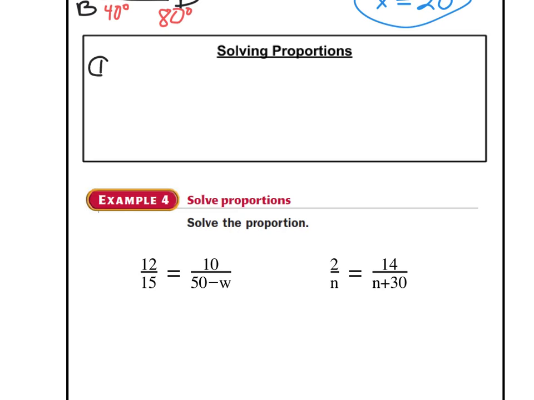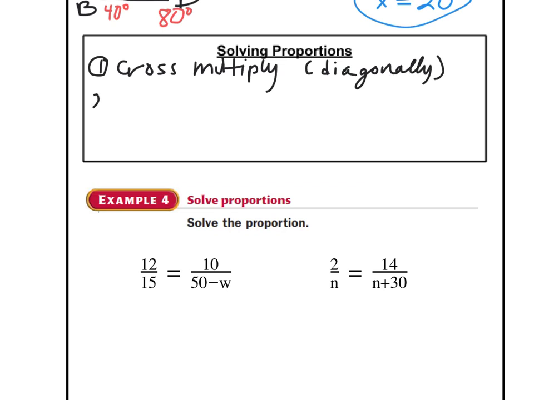To do that, the first thing you always do is cross multiply. And what I mean by that is you're going to multiply diagonally, like across. So if you need to add that, we're talking about on a diagonal. The second thing you need to do is write a new equation.